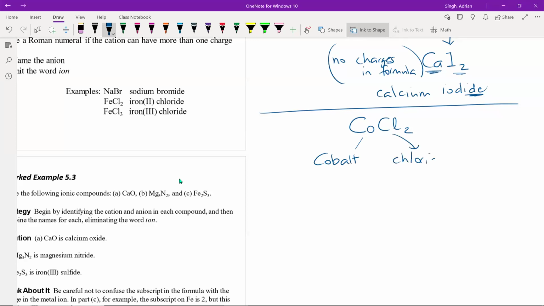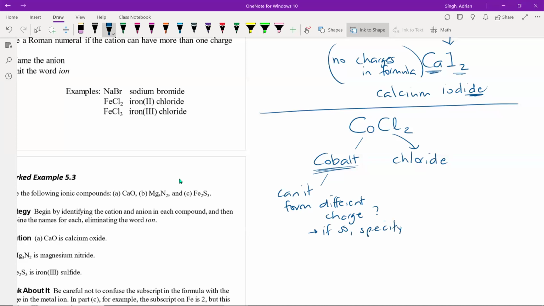Okay, there's one extra step you need to ask yourself, and that is this metal here, is that a transition metal, or can it form variable charges? Or can it form different charges? Okay, and chances are, if it's in that transition element block of the table, it will, which means then that we need to specify the charge.